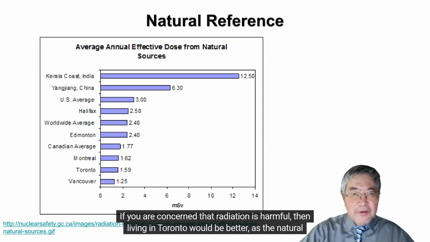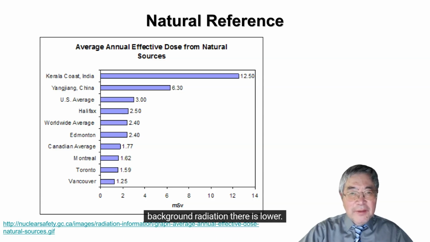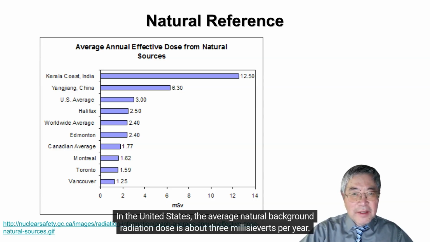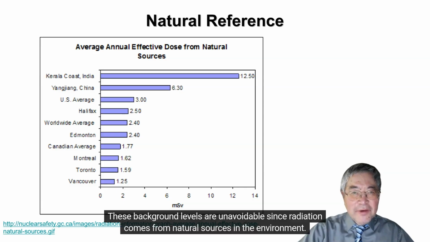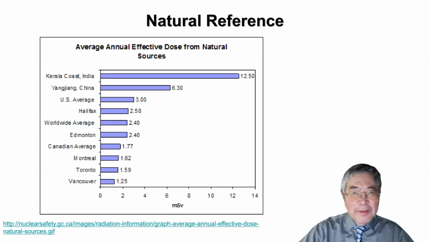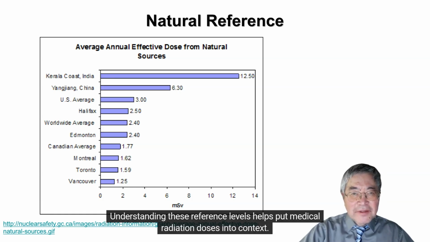If you are concerned that radiation is harmful, then living in Toronto would be better, as the natural background radiation there is lower. In the United States, the average natural background radiation dose is about 3 millisieverts per year. These background levels are unavoidable since radiation comes from natural sources in the environment. Understanding these reference levels helps put medical radiation doses into context.